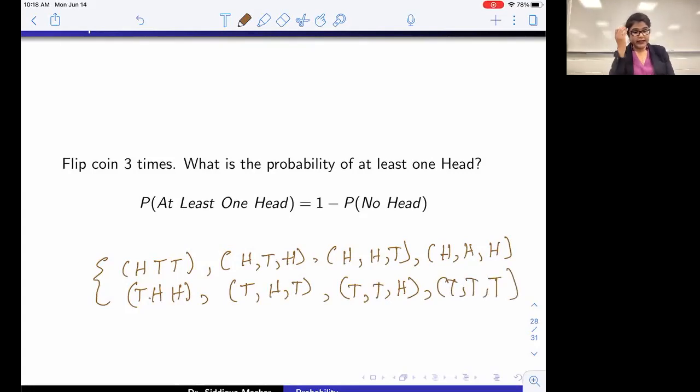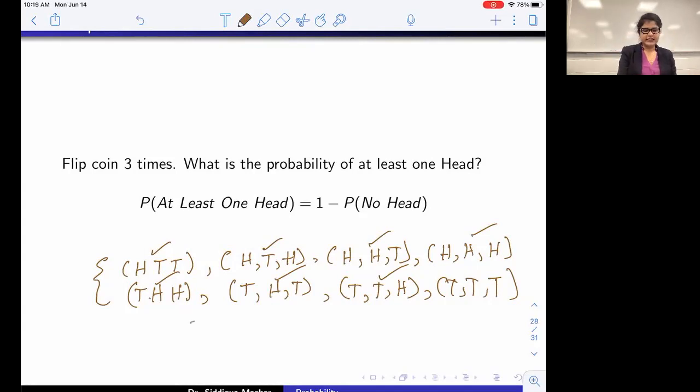Now we are looking for the probability of at least one head. At least one head means the sample spaces which have one or more heads. How many are there? Head, tail, head; head, head, tail; head, head, head; tail, head, head; and tail, tail, head all have at least one head. So the total number of sample spaces with at least one head is 7 out of 8.